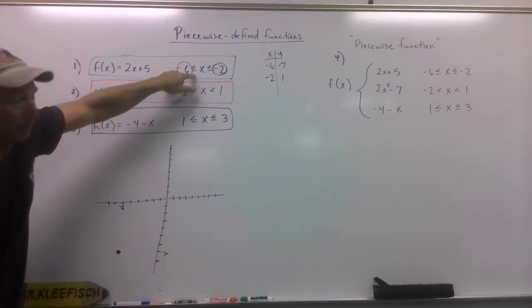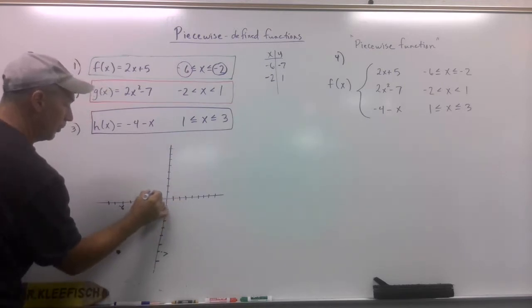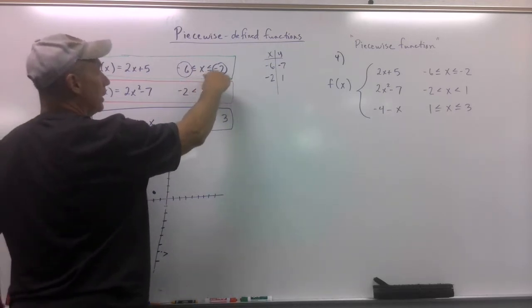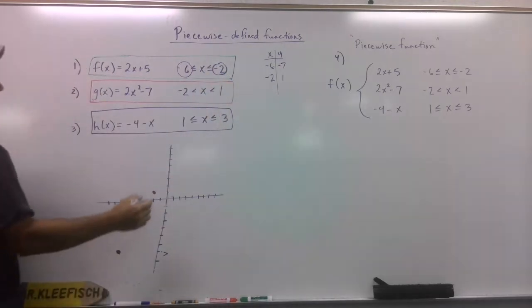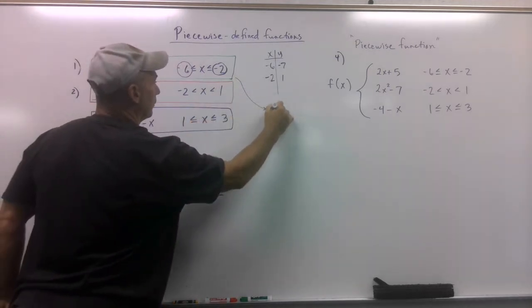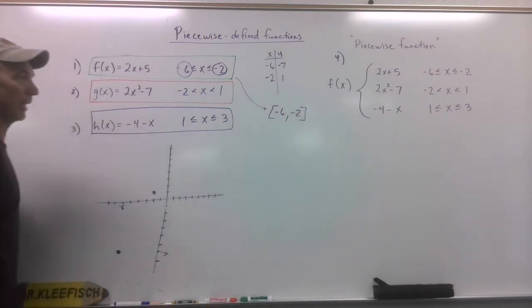So I filled it in as a filled in dot. Pay attention to that. -2, 1 would be -2, 1. That's also filled in because x can be less than or equal to, including -2. Now remember, we worked hard at talking about it being written like this, and they mean the same thing.